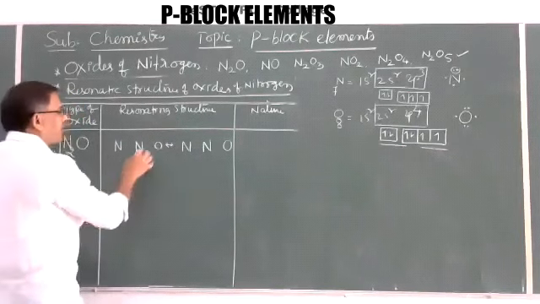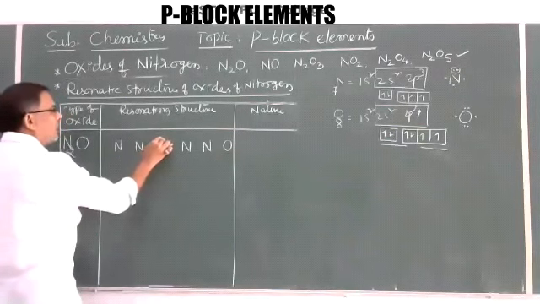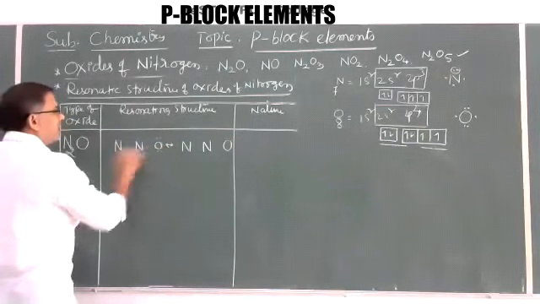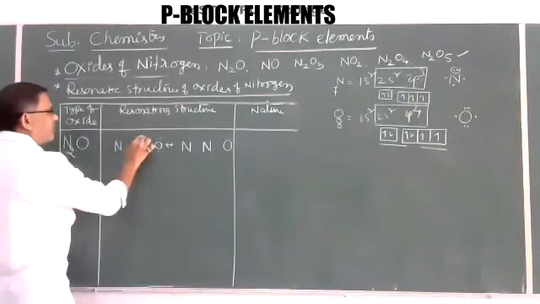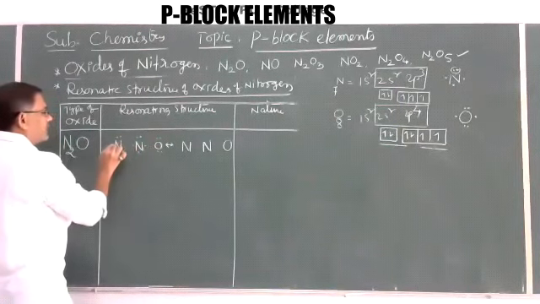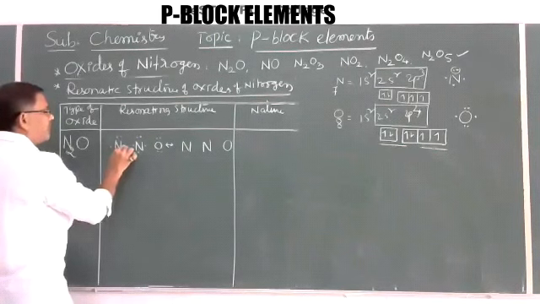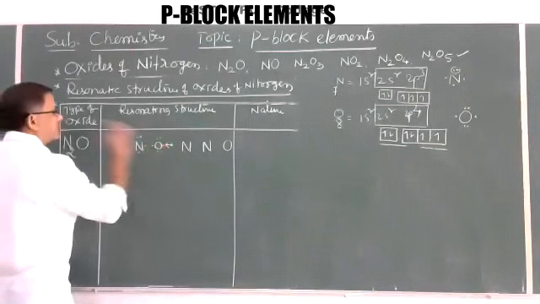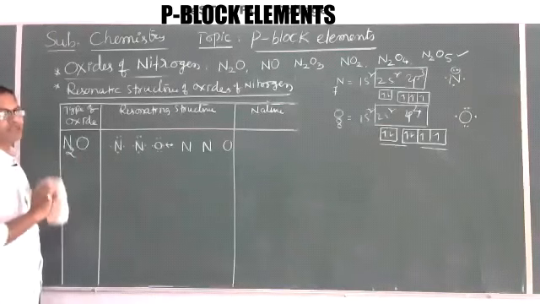Now first I will take care of the oxygen atom. Here this is the oxygen atom, and here the nitrogen atom. We know these are the separate Lewis dot structures for nitrogen and oxygen.